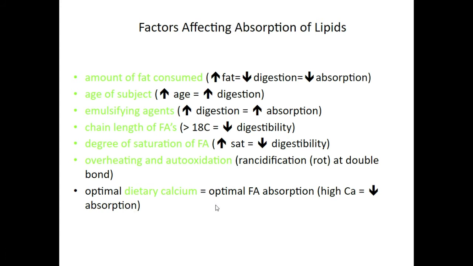Optimal dietary calcium is desired, not very high calcium, because a diet that is very high in calcium could decrease the absorption of fats because when calcium comes in contact with fats, they would form insoluble soaps. So both calcium and fatty acids are not absorbed. So yeah. So kuan lang, kanang sakto lang ang calcium.